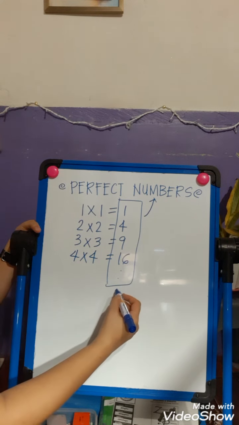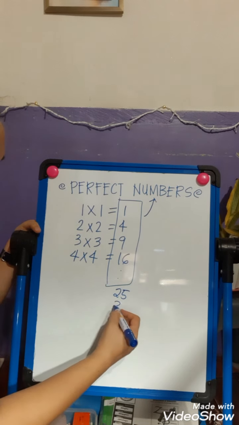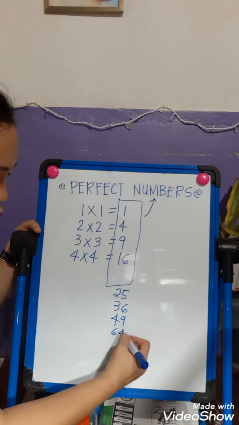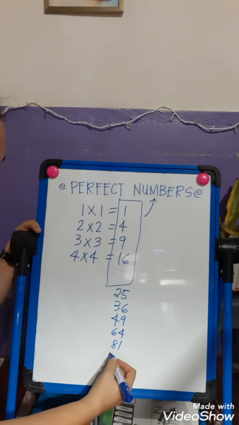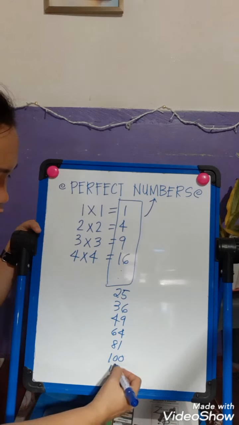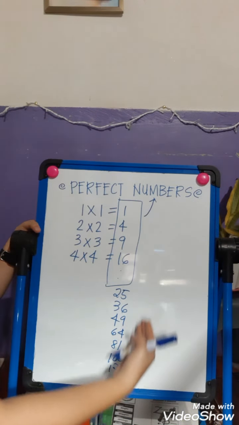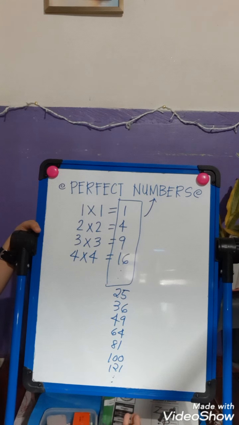So you can have 25, 36, 49, 64, 81, 100, 121, and so on. They are all perfect numbers.